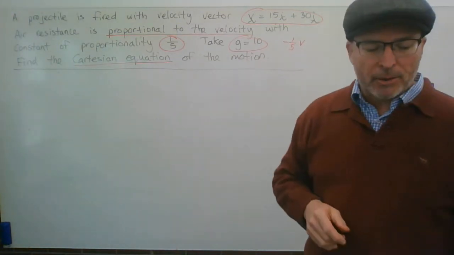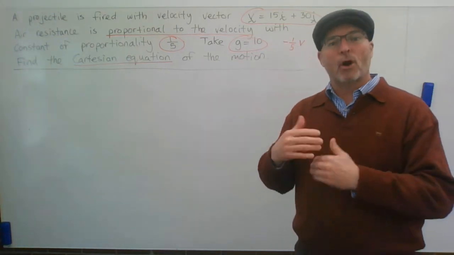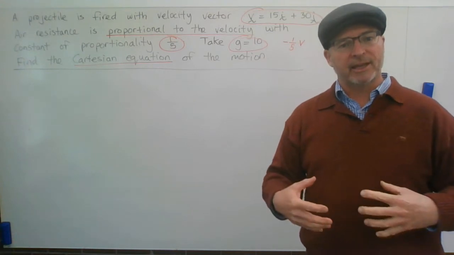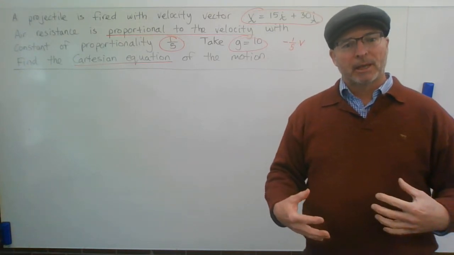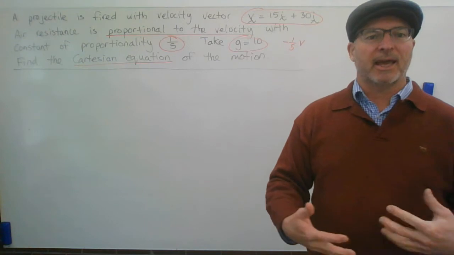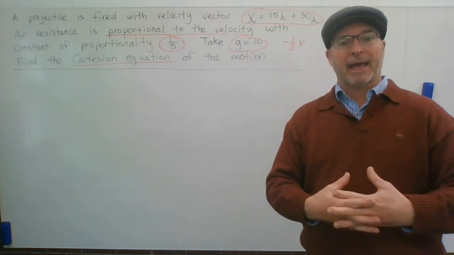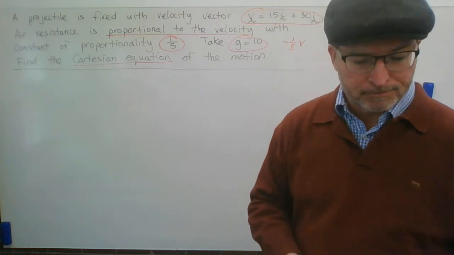All right, so I think we will consider this both horizontally and vertically, and then get equations of time for each of those, horizontal and vertical displacement in the end in terms of time, and then pop them together to eliminate the time and get your Cartesian equation.